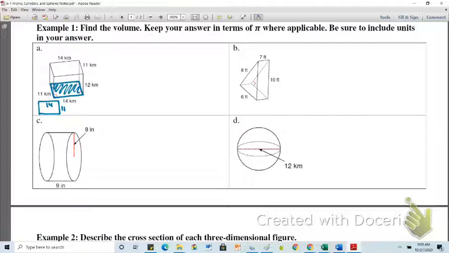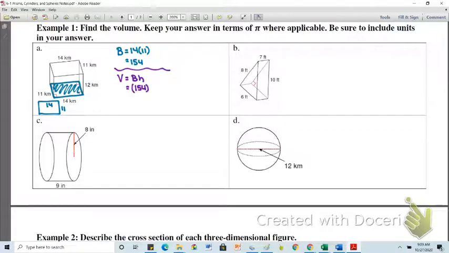So the first thing I'm going to do is figure out the area of my base. My base is a rectangle. It's 11 by 14, so that's 14 times 11, which is 154. Next, I'm going to write my volume formula. So volume equals capital B H. Well, I just found capital B is 154.